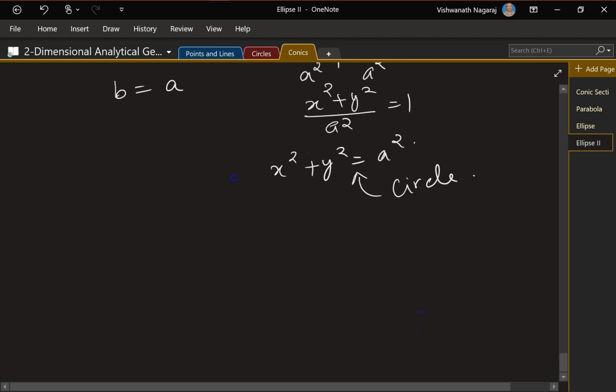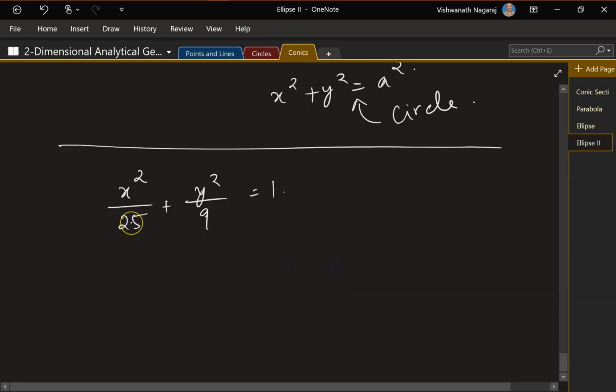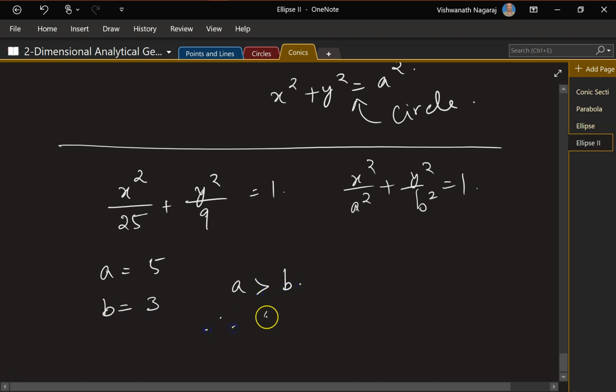Now let's look at an example. Let's say the equation that is given to us is x square by 25 plus y square by 9 equal to 1. Remember, this is x square by A square plus y square by B square equal to 1. So A is equal to 5. B is equal to 3. A is greater than B. So therefore, standard form of ellipse.